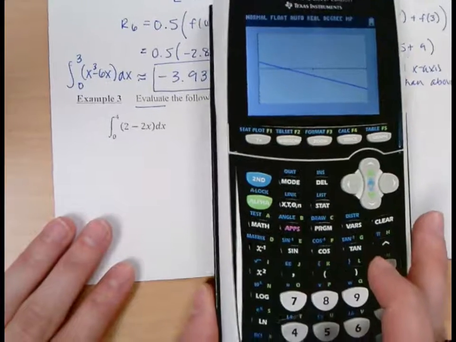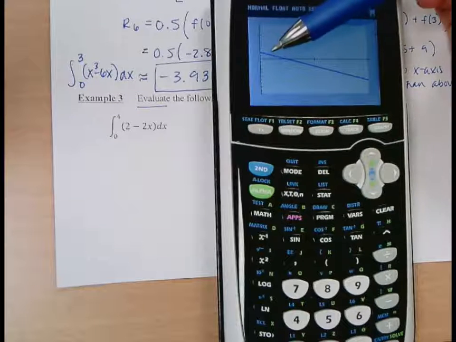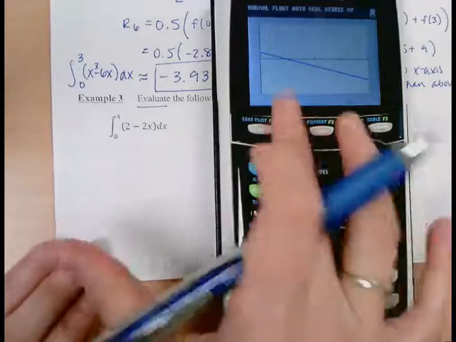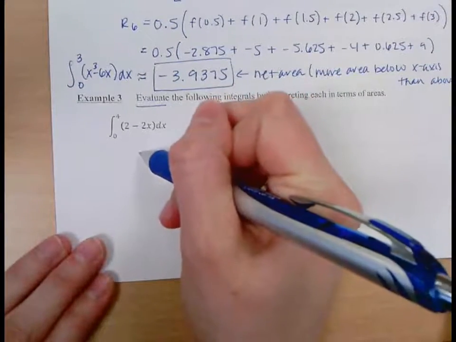Okay, this is what the graph looks like, or if you're pulling it up on your calculator. I just still had the y values from negative 10 to 10, but 2 minus 2x is just a line from 0 to 4. I'm actually just going to sketch this on my page so I don't have to have my calculator sitting there.